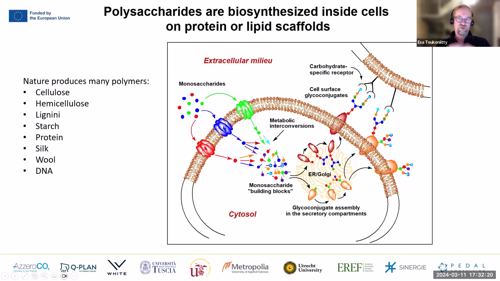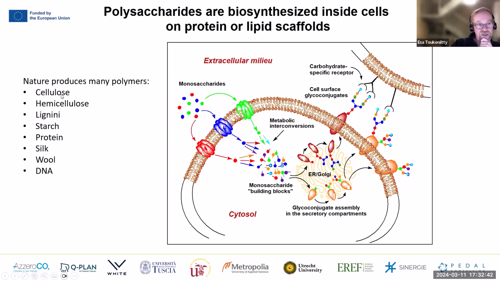Polymer refers to a very long chain material, and the chain can easily contain, let's say, a few thousand or even millions of monomeric units. It depends on what polymer we are talking about.